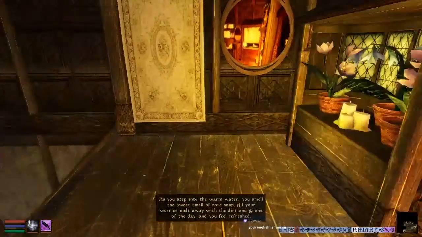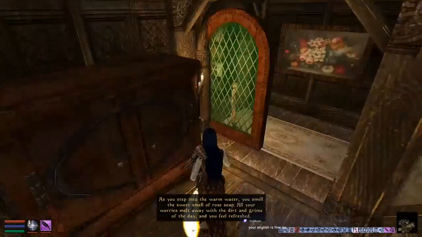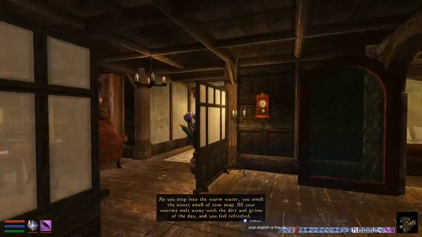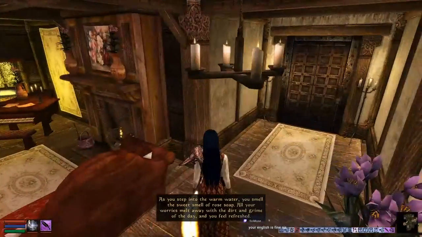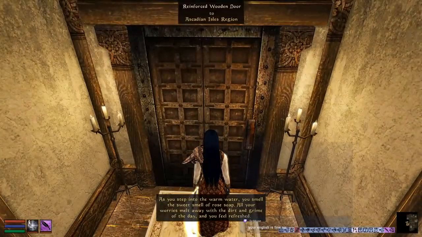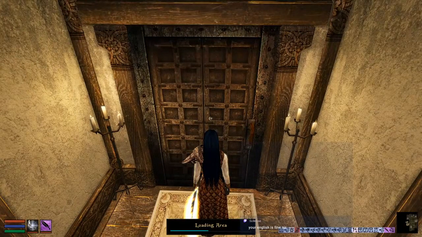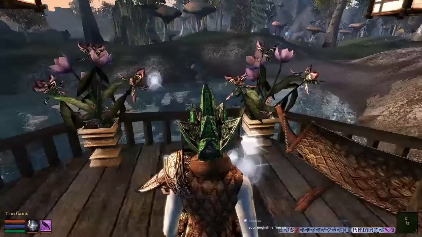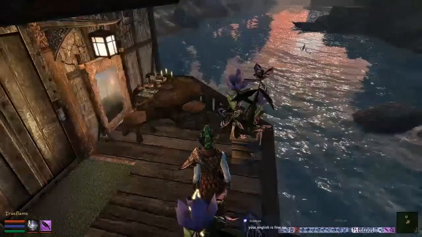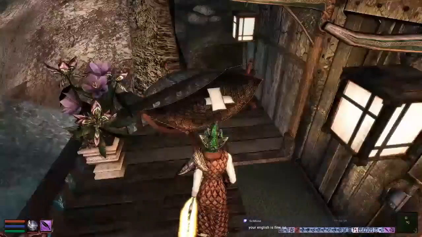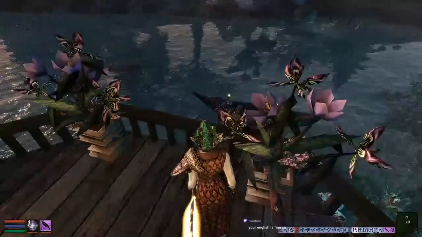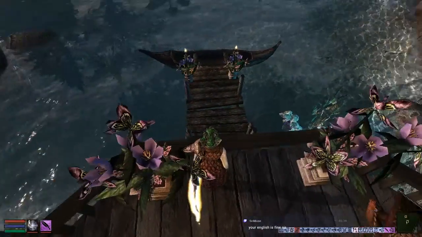Not working very well with Shiayu because she's a Breton Atronach sign, so oftentimes she just reflects even good magic effects. But you know, pros and cons of being this kind of sign and race.